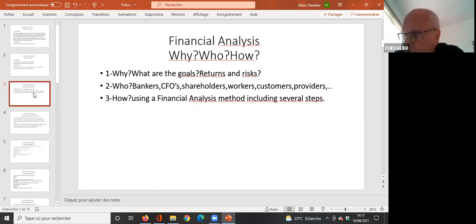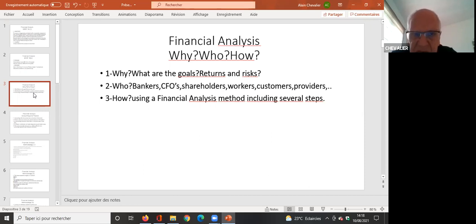And the providers, of course, they want to know if they are nearly sure to be paid by their customers. So, for different reasons, many players in the economic world are developing, running financial analysis, not exactly with the same goals, but always you find some kind of measure of return and risks.